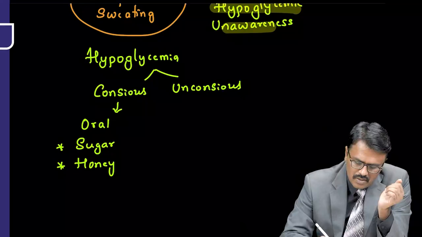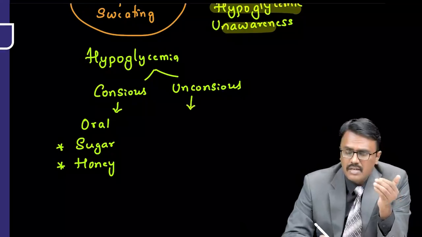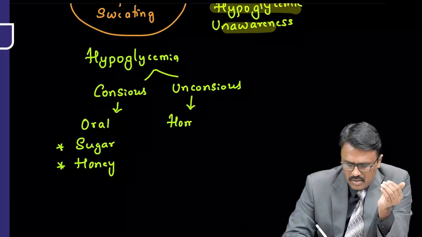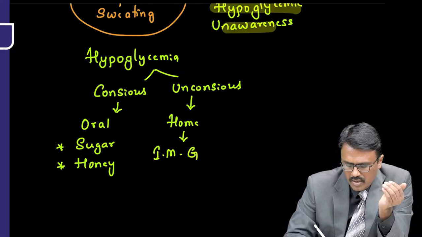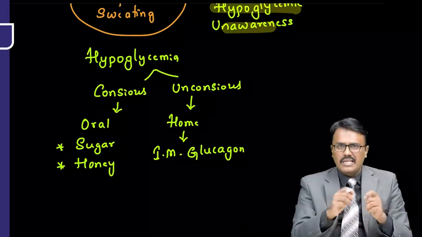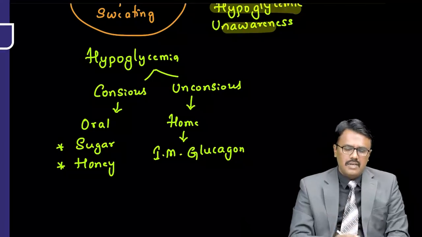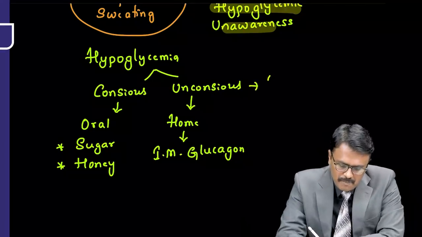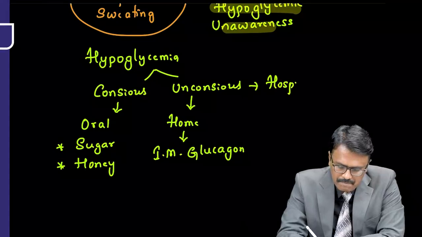But if the patient is unconscious and is at home, in many places they give IM glucagon. IM glucagon can be used because it's easy to use. They can open the glucagon injection and just prick it into the muscle. Suppose a patient in hospital has hypoglycemia.